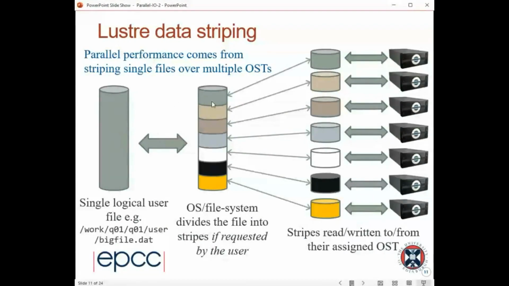If I write a significant fraction of the file, the first 8th of the file, for example, it's all stored on the same OST. It's not going to help with parallelism. The way striping works is it tries to distribute the file across as many disks as possible, so it's not a block decomposition.